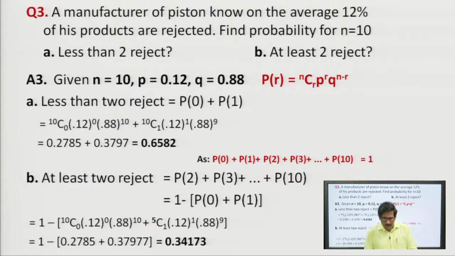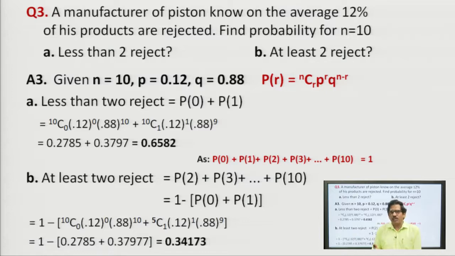Find probability for n equal to 10, sample size is 10, then less than 2 are rejected and at least 2 are rejected. Basically, this is a bit confusing type of words: less than, greater than, at least. You must be crystal clear in your mind what less than 2 means, what more than 2 means.